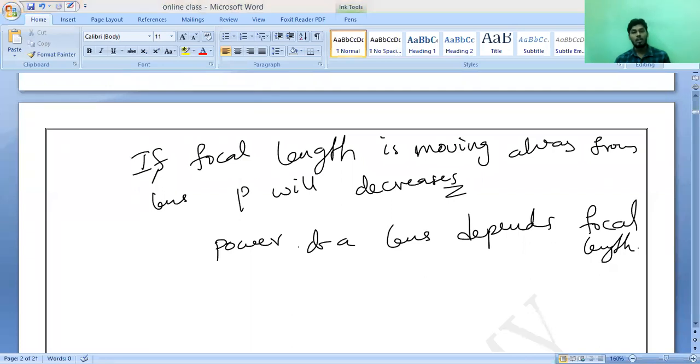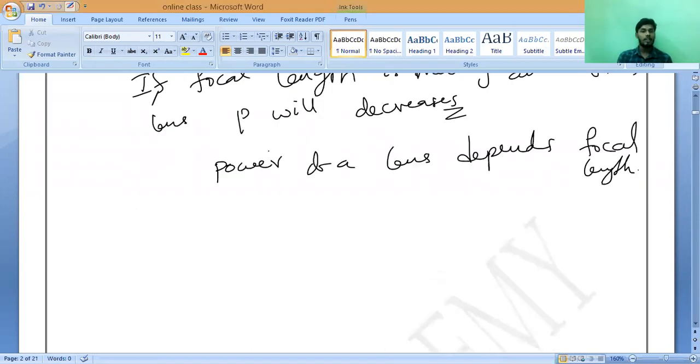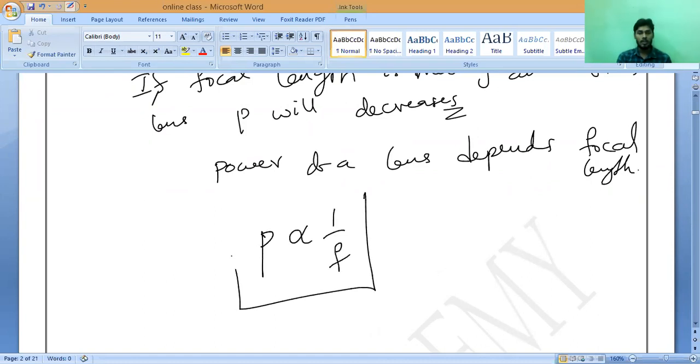If the focal length is coming towards the lens, then the power of the lens will increase. Means if one increases, the other decreases. Power of the lens is inversely proportional to focal length. That is what you should remember. If the power of the lens is increasing, focal length will decrease. If focal length increases, power of the lens will decrease.